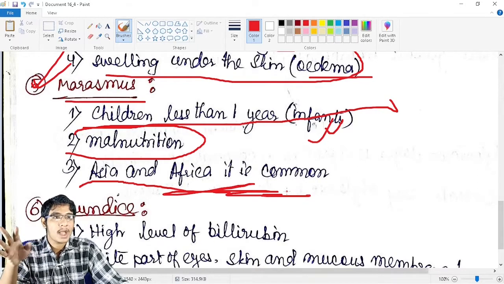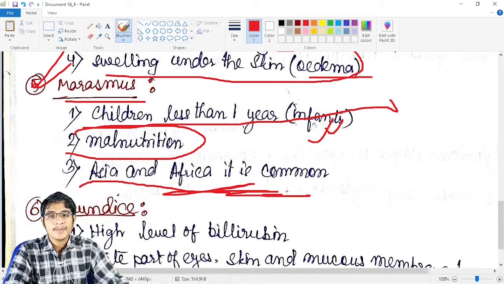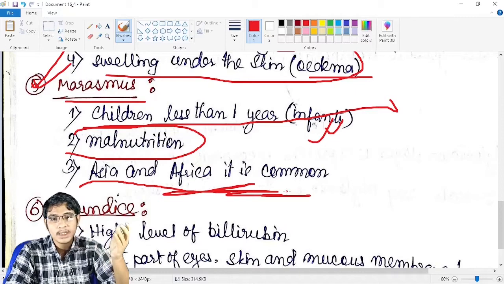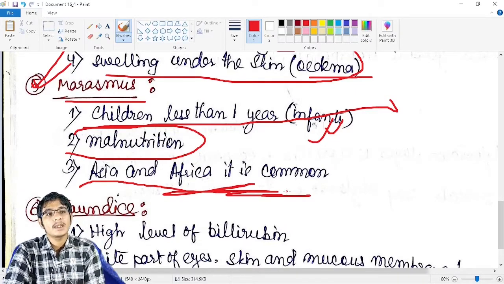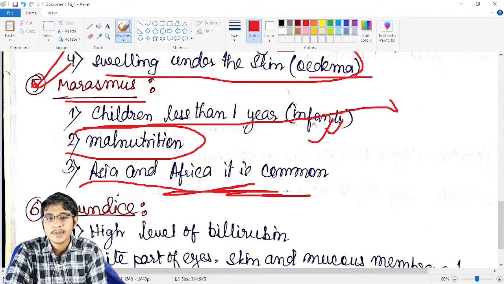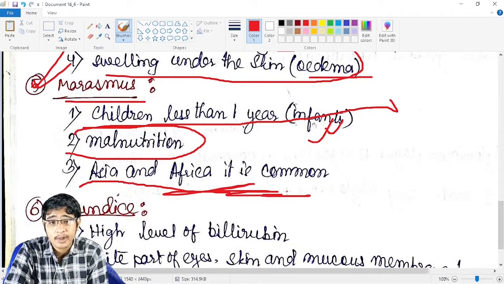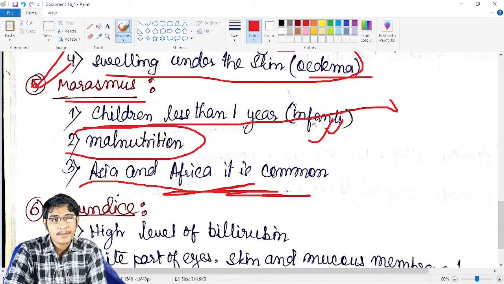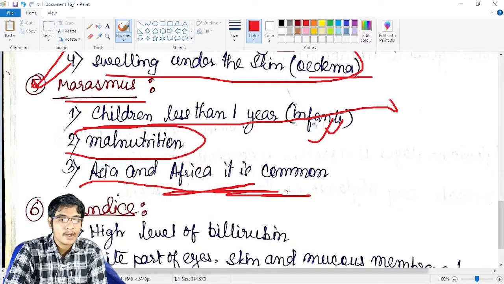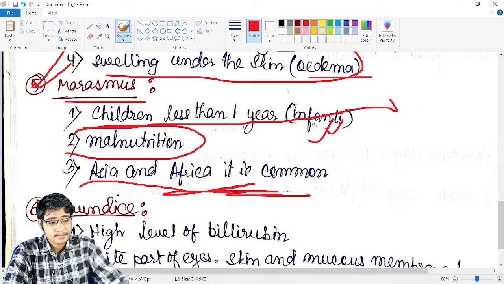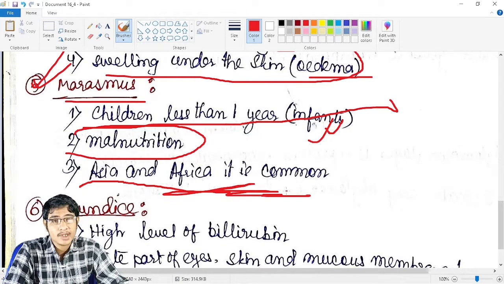As they are developing countries, there will be poverty in some areas, slums will be there, and if there is poverty, then they cannot afford good food to give their children for good nutrition. For this reason, in some parts of Asia and Africa, they have malnutrition, and for that reason marasmus is common.